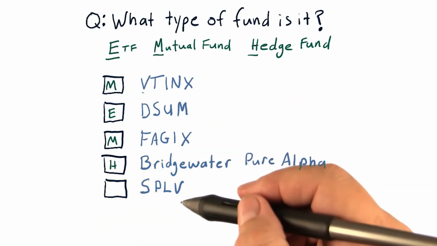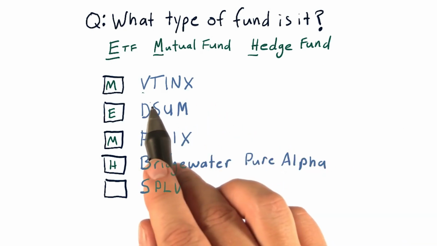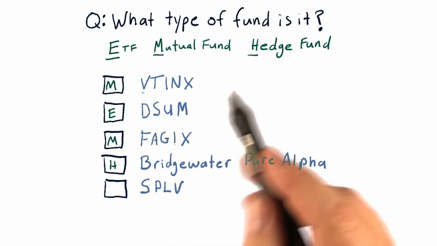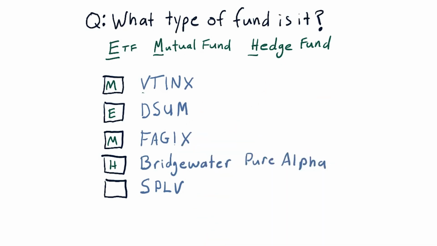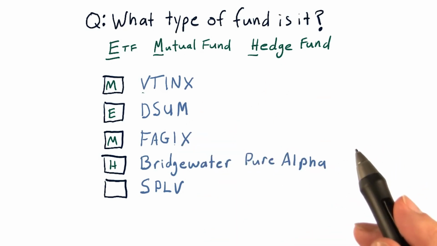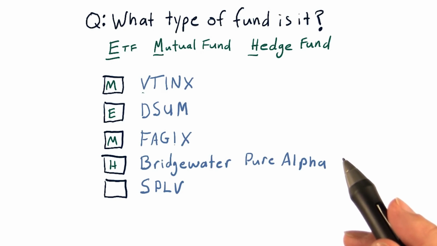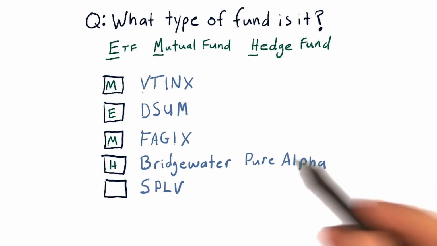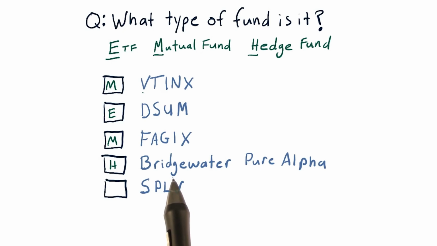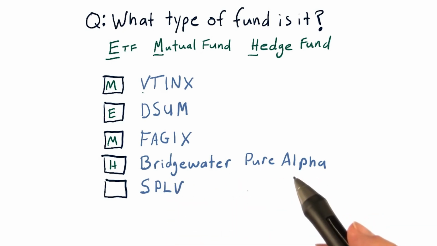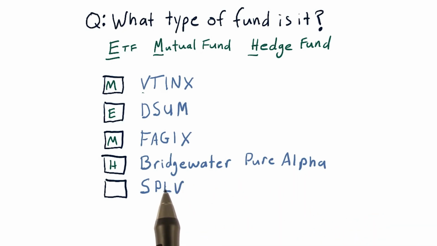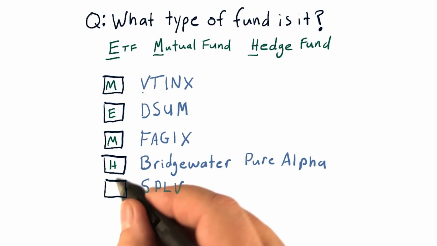These funds have symbols, these short several letter abbreviations, so that they can trade more easily on exchanges that have hundreds and thousands of different assets being traded. Whereas when you go to engage with a hedge fund, it's just a one-on-one relationship. Hedge funds typically have no more than 100 investors, whereas all these other types of symbols have thousands and maybe even millions of investors. Finally, SPLV is an ETF.